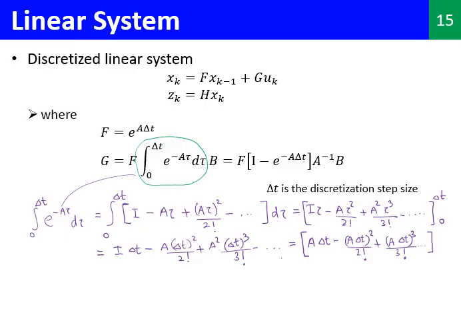Since I introduced an A matrix from the front, I should have A inverse here. Okay, so we finally get, in the brackets, I minus e to the power minus A delta t. Okay, you can check that, times A inverse. So A inverse should exist to get this answer, but if A inverse does not exist, it can also happen, so then we have to stop at this step.